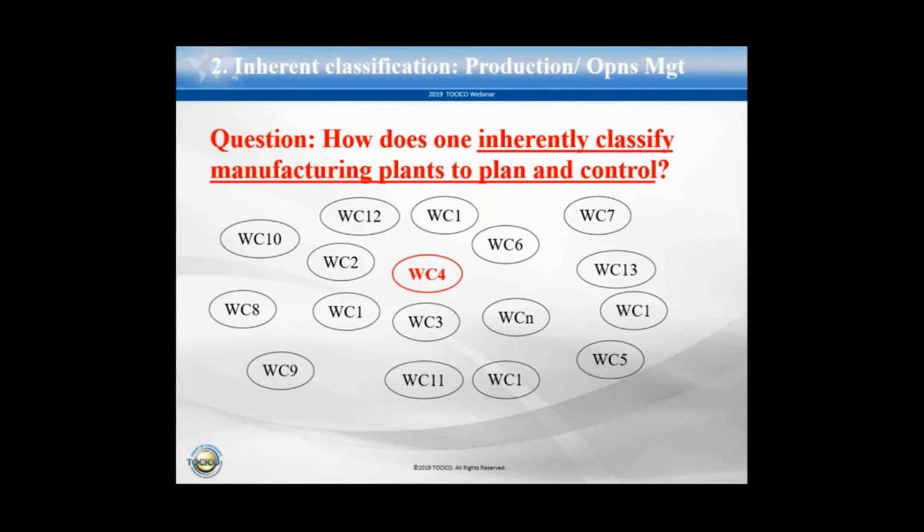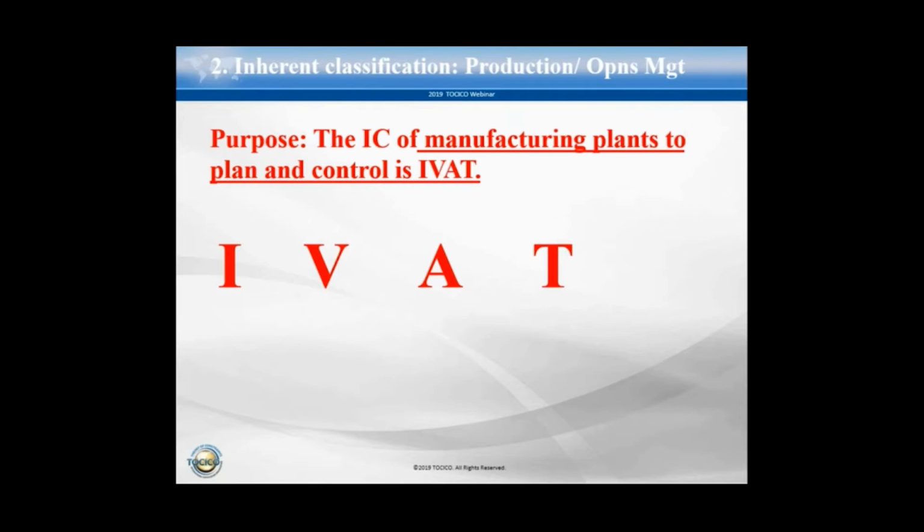How does one inherently classify manufacturing plants? We're going to a bigger system than just the drum buffer rope. We're up at a much higher level of manufacturing plants. How do we do that to plan and control? The inherent classification of manufacturing plants to plan and control is the IVAT analysis.